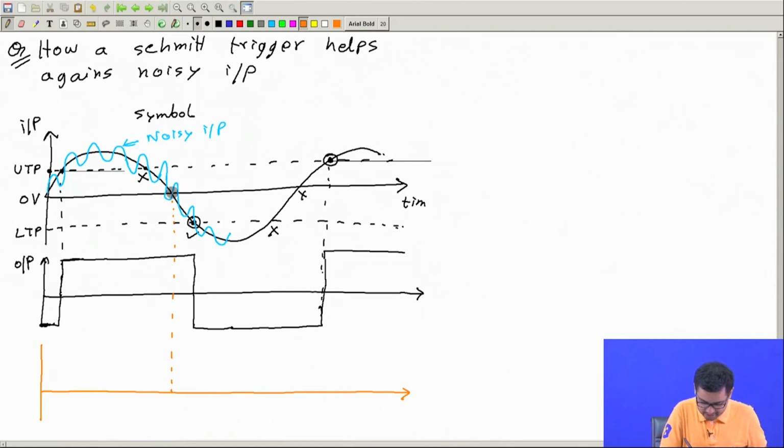Here you see for a small region the input is above 0, so output will be positive for the small region, then it will be negative, okay, fine, no problem. But before that here it's negative for a small part, and before that it's positive, okay.